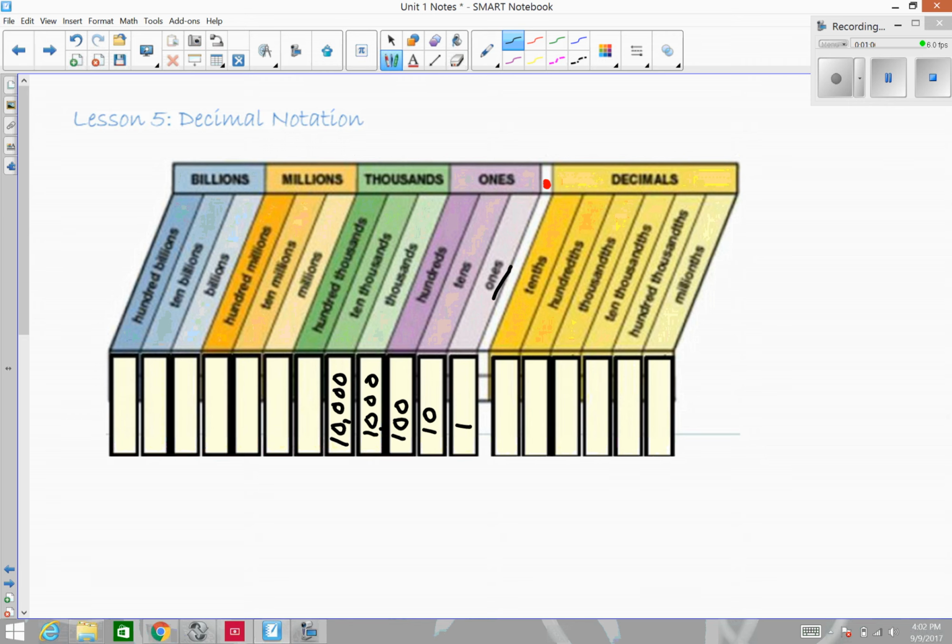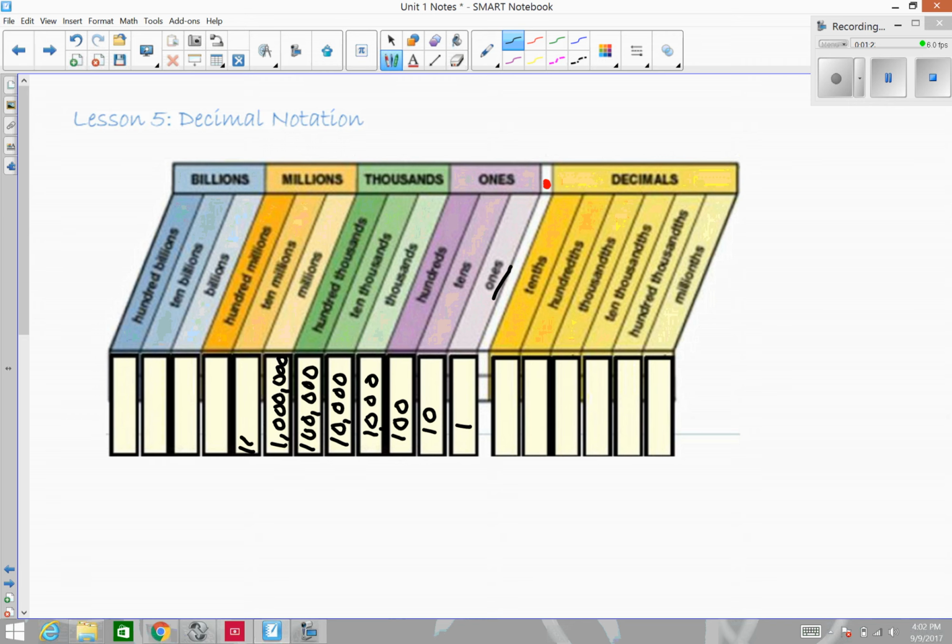So now when I get to the 100,000s, I have 100,000 with 5 zeros. When I get to the millions, I increase that by another 0 and we'll have 6 zeros.